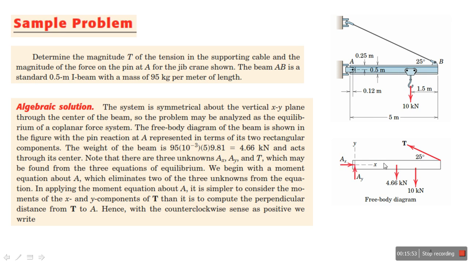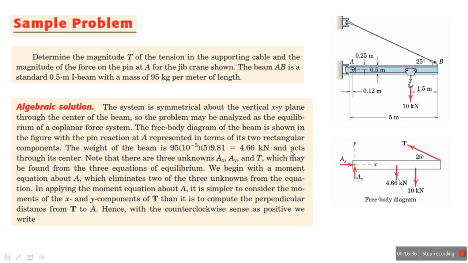Do not forget, this is the x-axis, this is the y-axis. Again, this is the free body diagram with all the forces that I need to solve. The weight of the beam is 95 kilogram multiplied by g, which is equal to 4066 Newton, or 4.66 kilonewton.